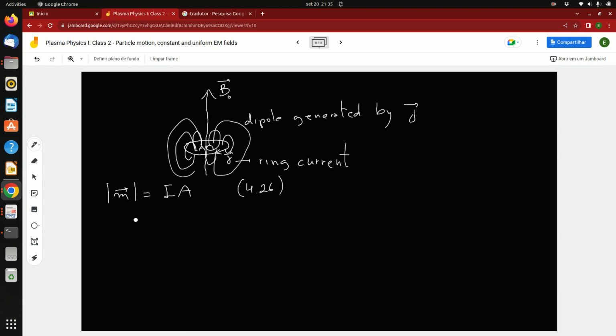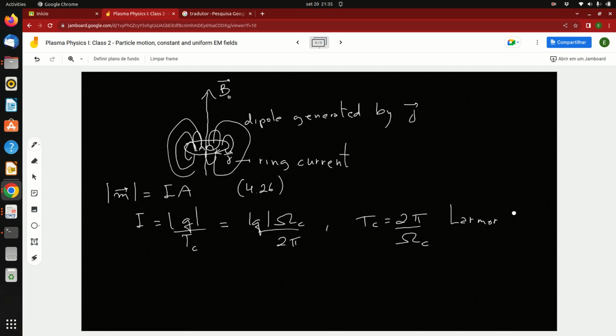And we have I equal to the modulus of q over Tc, where Tc is equal to 2 pi over omega c. Tc is 2 pi over omega c. So this is the period of the orbital motion, or Larmor period.